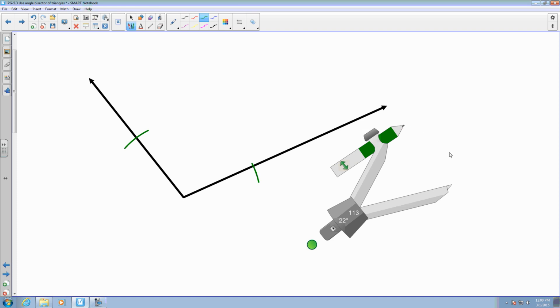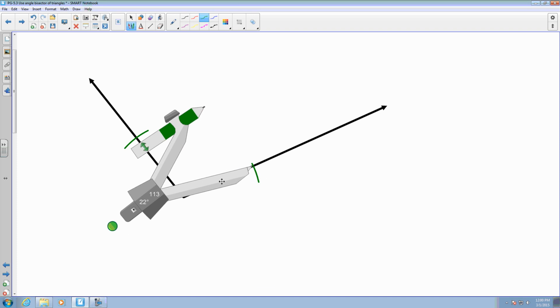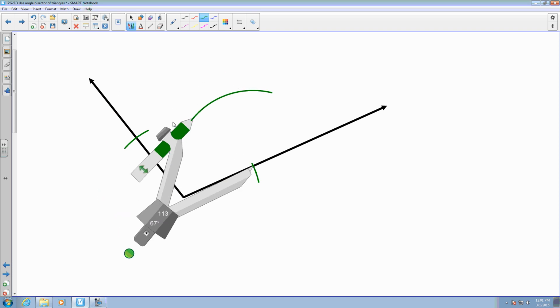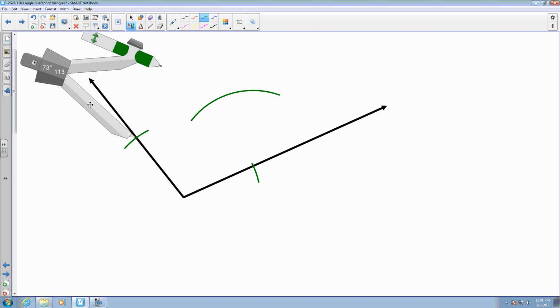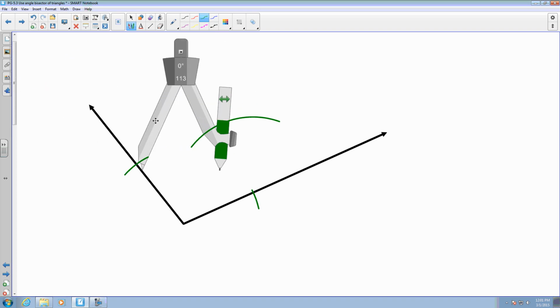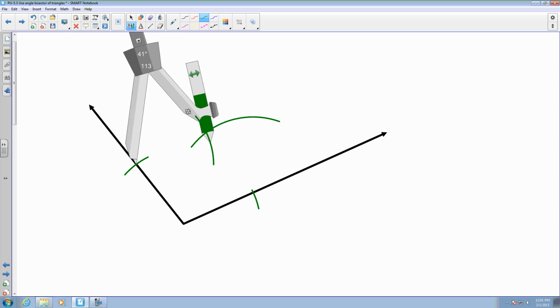And again, without changing the distance, what I want to do is I want to place my compass where the intersection occurred. And what I'm going to do is I'm going to make a line here, and then extend it this way, come over here, and then I'm going to make a line here.